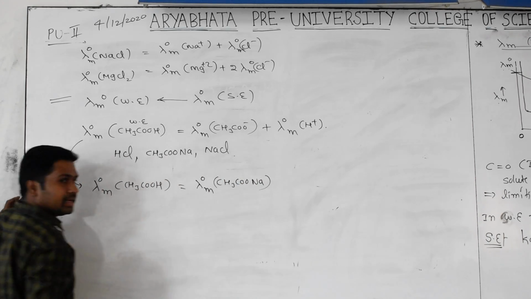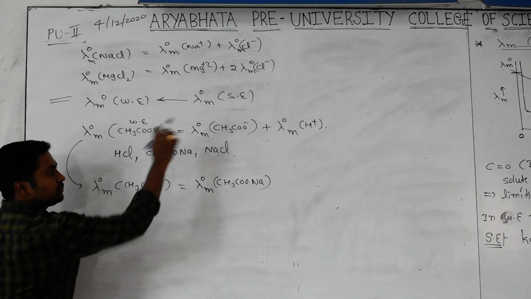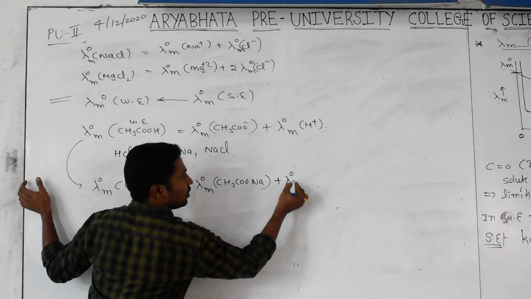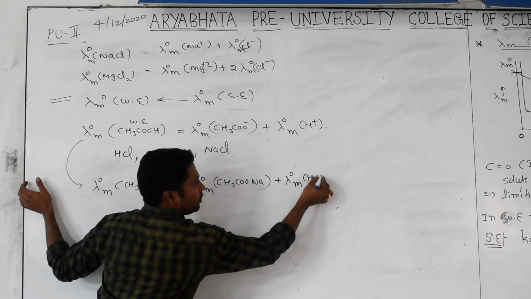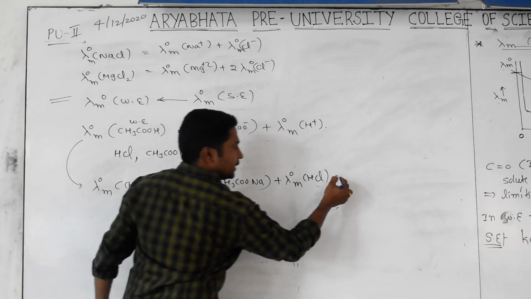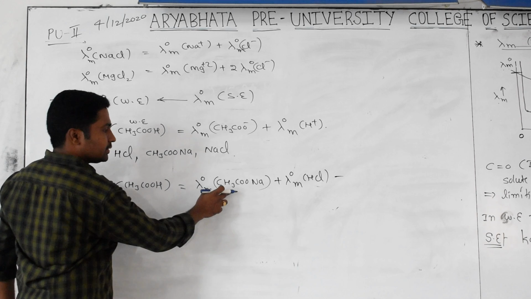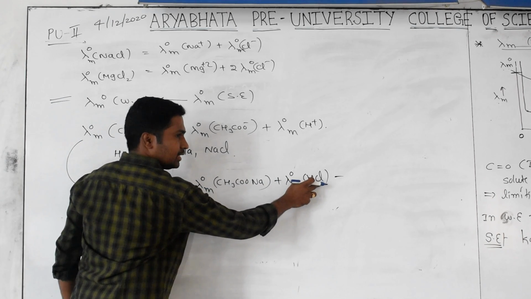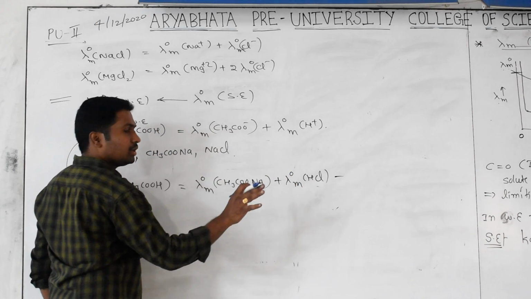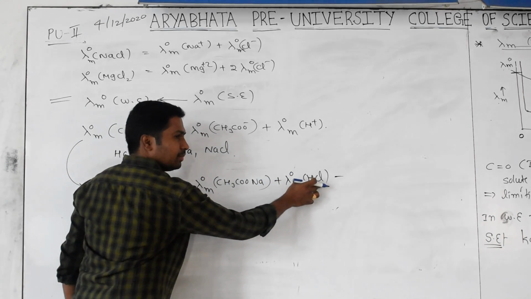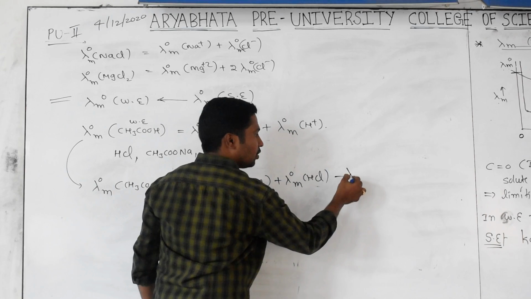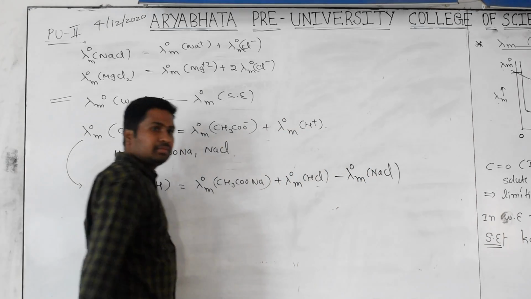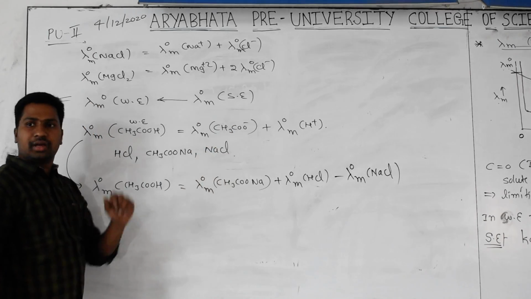From this we get the acetate ion. We want H plus. Coming from where? HCl. So can I write lambda naught m of HCl? Is there any problem? No. Minus. From here, acetate ion is coming. From here, H and Cl are coming. But we don't want Na plus and Cl minus. So what can we do? Minus lambda naught m of NaCl. Just simplify. You will get these two ions' information.